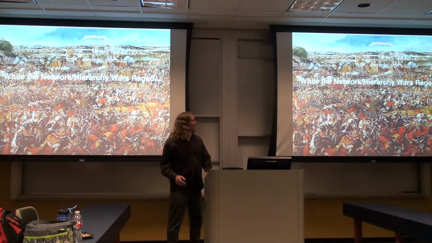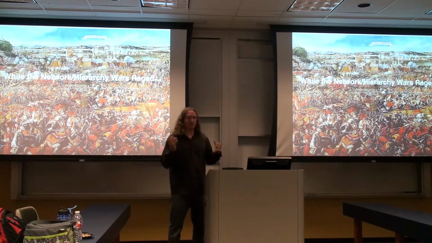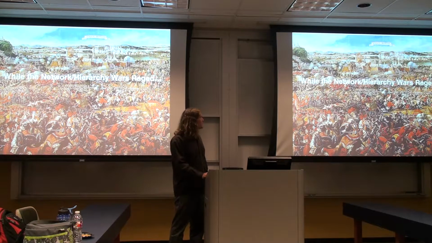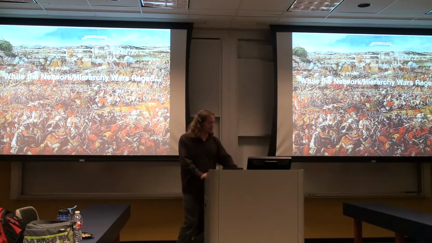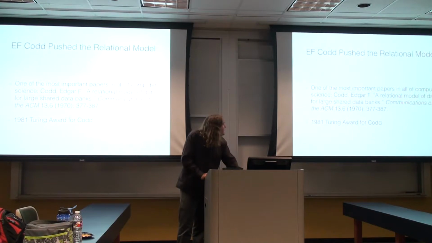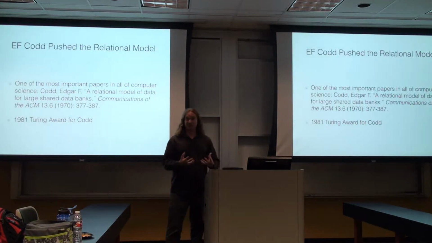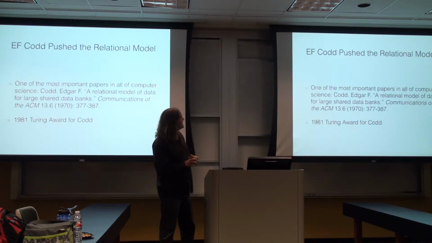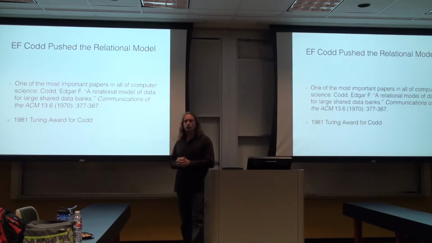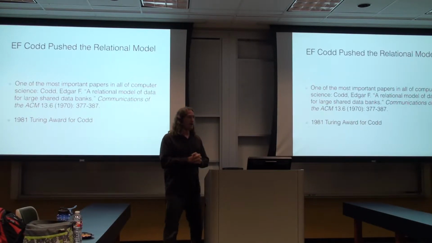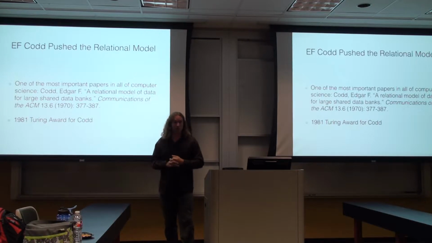Okay, so at this point people realized there was a lot of money here. These systems were created and they sold for a lot of money. And so we had all these arguments as to whether we should have networks or hierarchies, and so these wars raged. Okay? And then really where things fundamentally changed was that there was this guy named E.F. Codd, Ted Codd, who was a researcher at IBM, who actually published internally a paper, I believe in 1968 or 69, that first described the relational model.